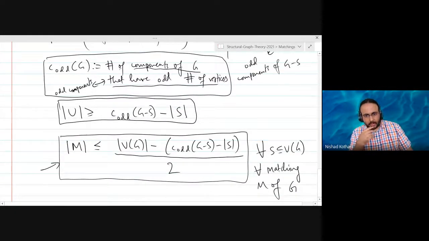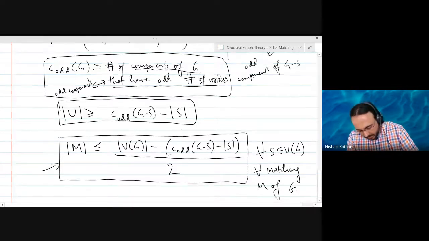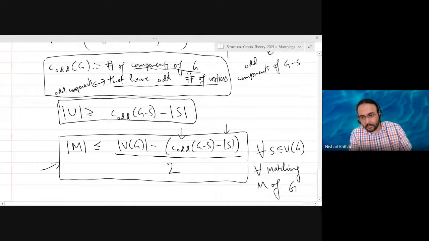Of course, that upper bound could be completely useless because you could have a situation where the number of odd components is less than the size of the set S. Right. So if this quantity is less than this quantity, then what would you get? You would have a negative number here, which you'd be adding to the number of vertices and then dividing by 2.